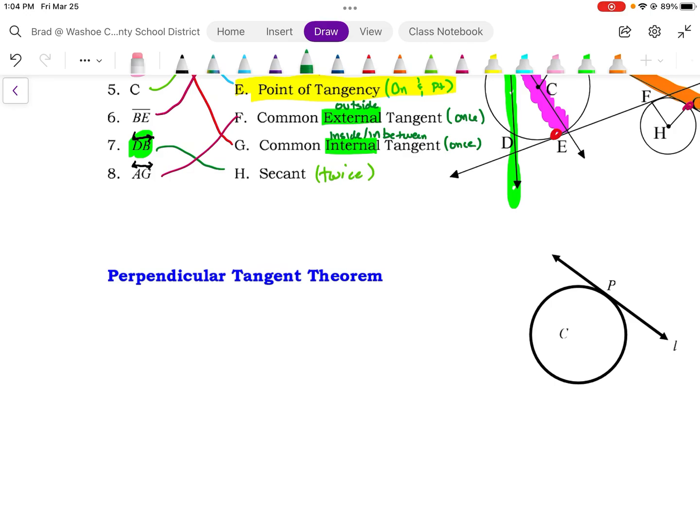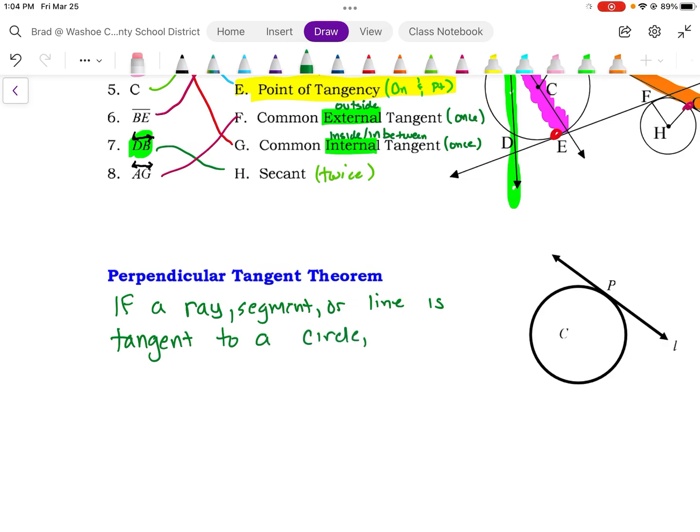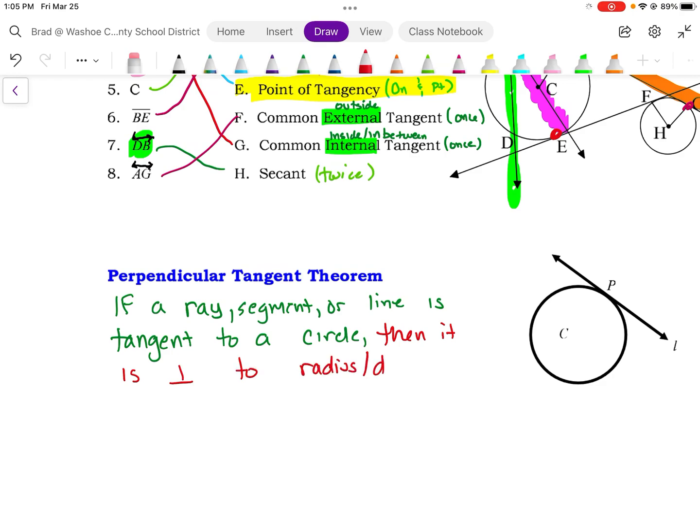The first one's the perpendicular tangent theorem, that says if a ray, segment, or line is tangent to a circle, then, and this is the important part, so I'm going to change my colors here, then it is perpendicular to a radius or diameter.